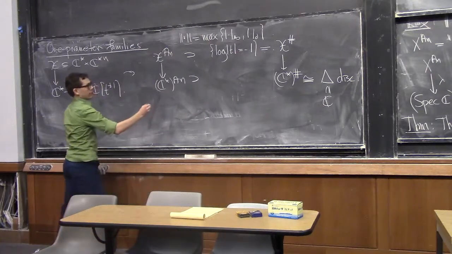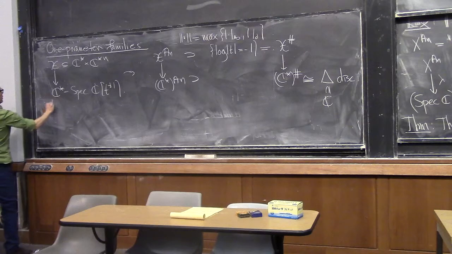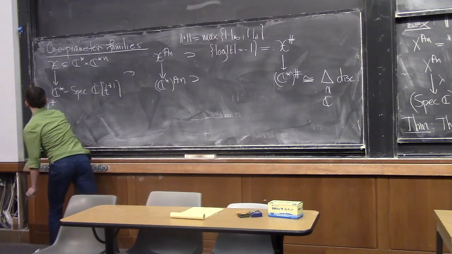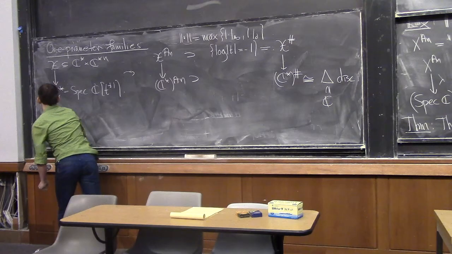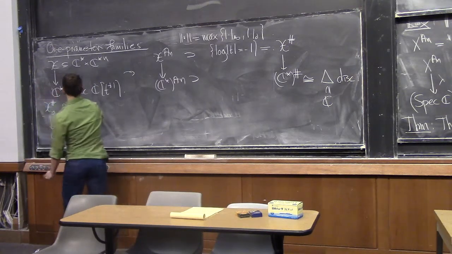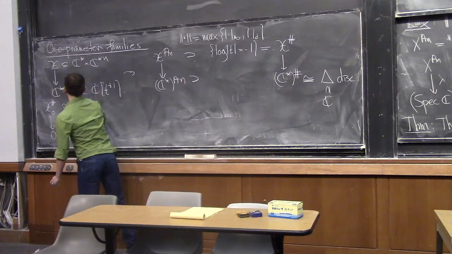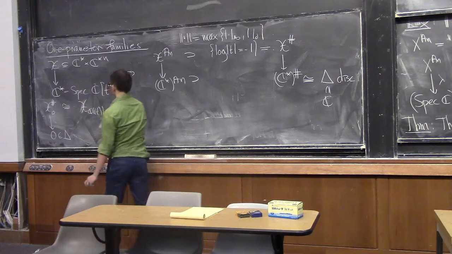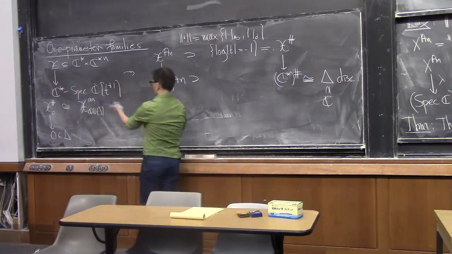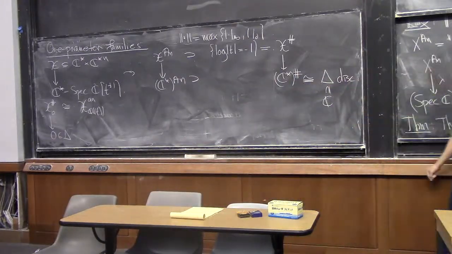And what can you say about the fibers of this? So this X sharp 0, this is the fiber over 0 in the disk B. This turns out to be homeomorphic to the Berkovich space when I take X and base change it to Laurent series and then take its analytification, so it's a Berkovich space over Laurent series with the usual non-Archimedean norm there.